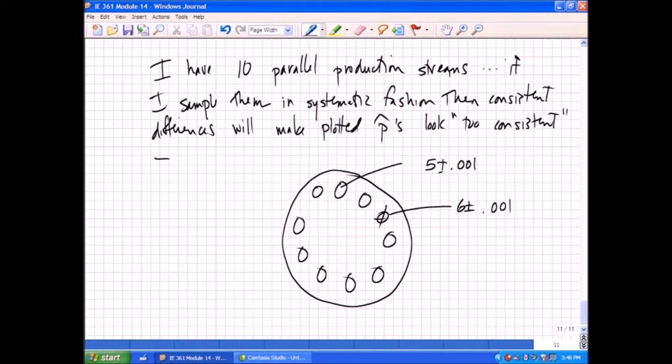And think about what I'm going to see if I was so foolish as to regularly take these 10 items and call them a sample, when they're not really a sample. Well, I'd see essentially 9 of these and 1 of those.